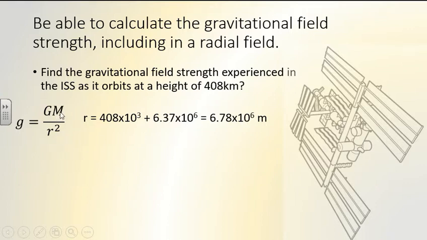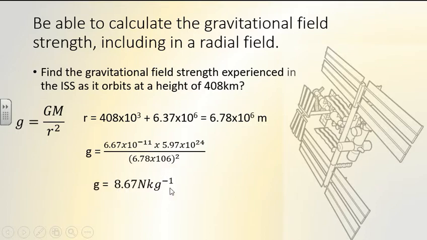The mass of the Earth and the gravitational constant G you can find on your datasheet, and that should give you the field strength at 408 kilometers above the Earth's surface. So put the numbers in, gravitational constant, mass of the Earth, the distance we calculated squared, and then calculate, and you get g equals 8.67 newtons per kilogram.